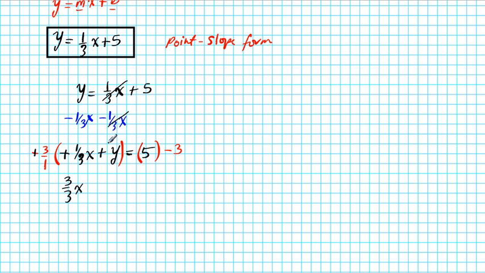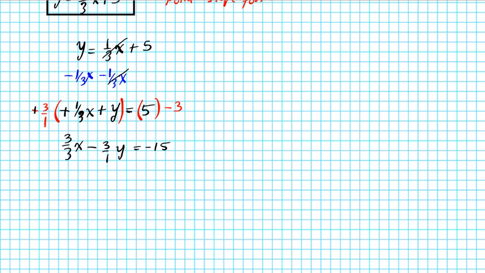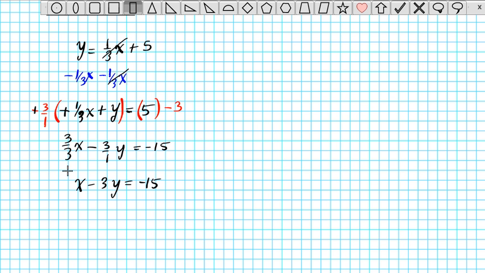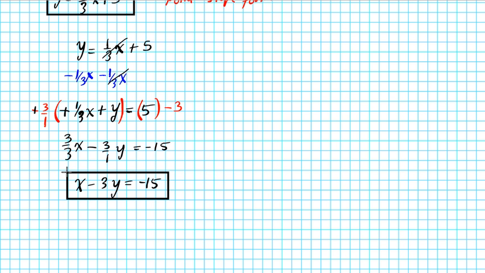And when I distribute this to that, it's going to become minus 3/1 y equals negative 15. All right, let's simplify that. 3/3 is just 1, so x minus 3y equals negative 15. All right, so there goes your answer in standard form. Answer in standard form.